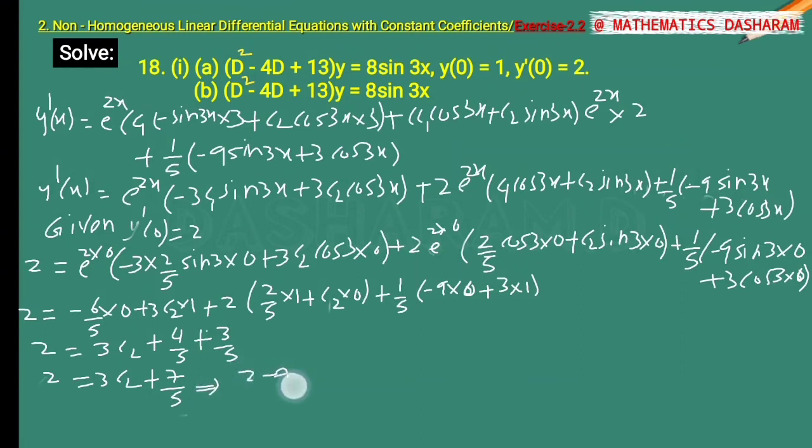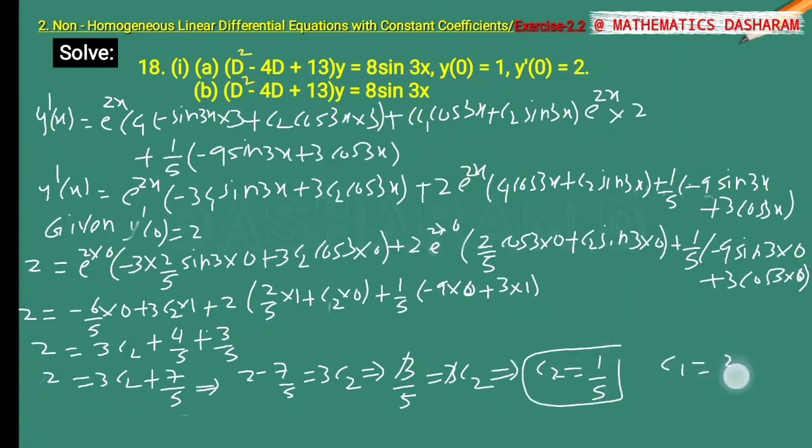So 2 minus 7 by 5 equals to 3c2. 5 2s are 10, so 3 by 5 equals to 3c2, 3 cancels, then c2 value is 1 by 5.